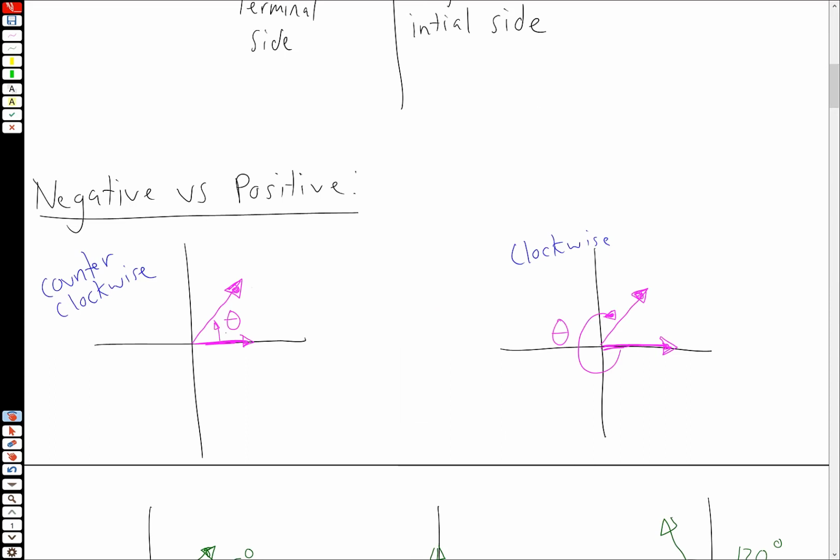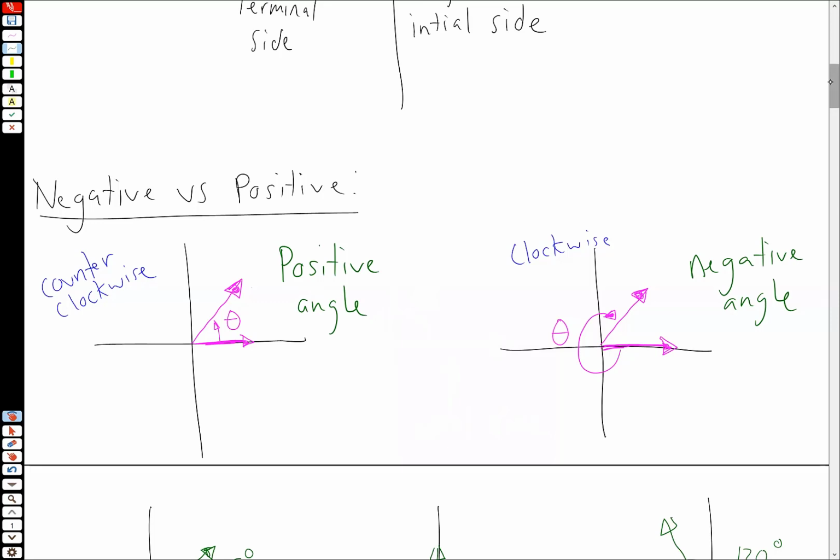If you rotate counterclockwise, this is what we call a positive angle, or whatever units we're using, it'll be a positive measure. Now, if you rotate clockwise, like this angle, we would consider this a negative angle. Okay, so again, counterclockwise is positive, clockwise is negative. Anti what you might think.